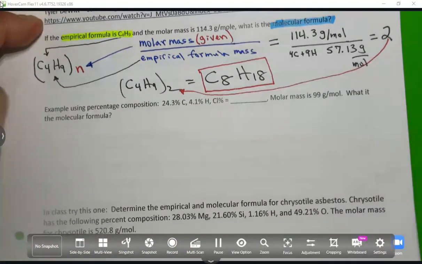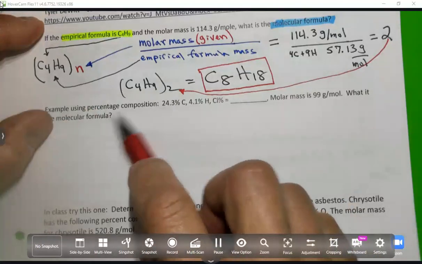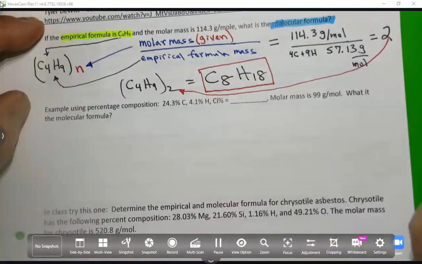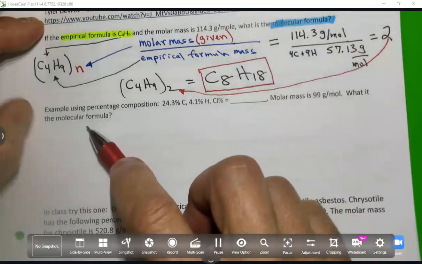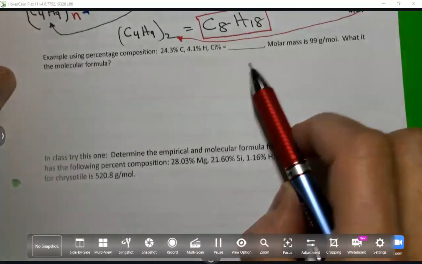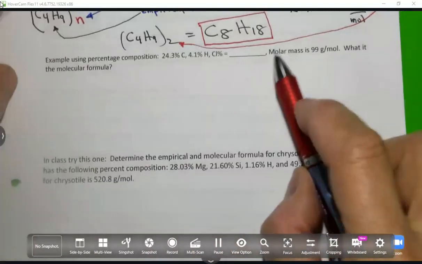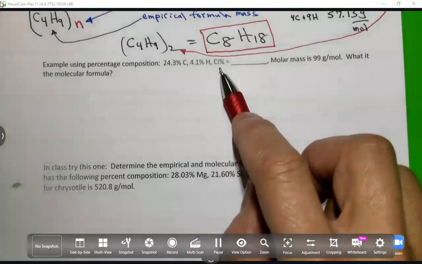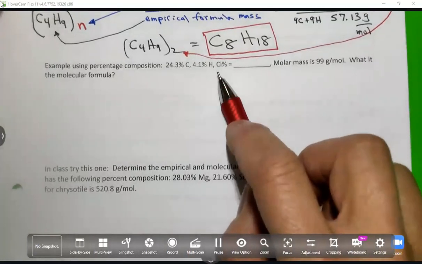Okay. Here's one with percentage composition. Now, again, there's 2 ways to do it. You might do it a different way. I'm going to show you the same exact technique because later on, you have to do the same technique.